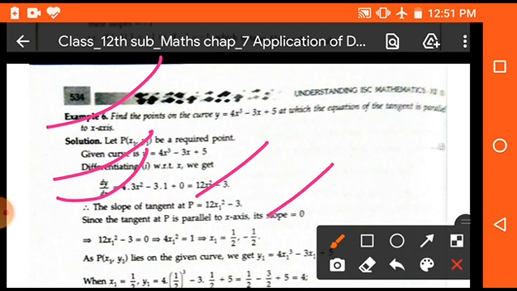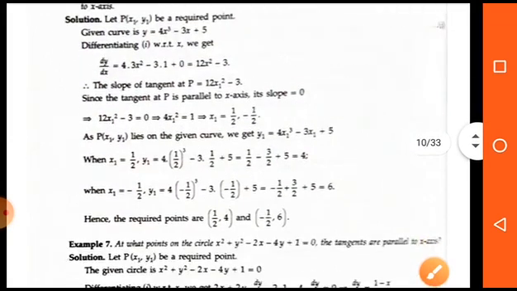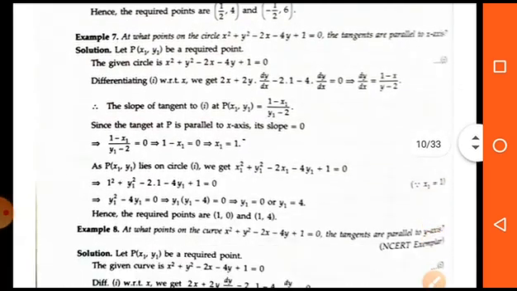This is an important point you have to learn. If the tangent is parallel to the x-axis, then the slope will always be 0. So put dy/dx equal to 0 and you will get x equals 1/2 and minus 1/2. If you put these values in the given equation, then you will find the values of y. That means here there are two points (x1, y1) and (x2, y2) where the tangents are parallel. Clear? Okay, students.